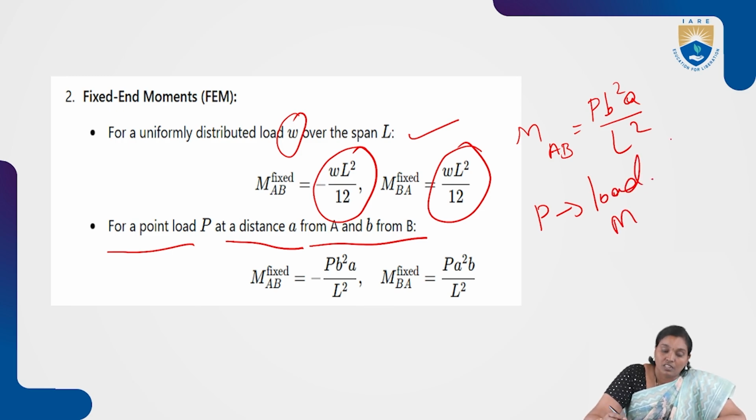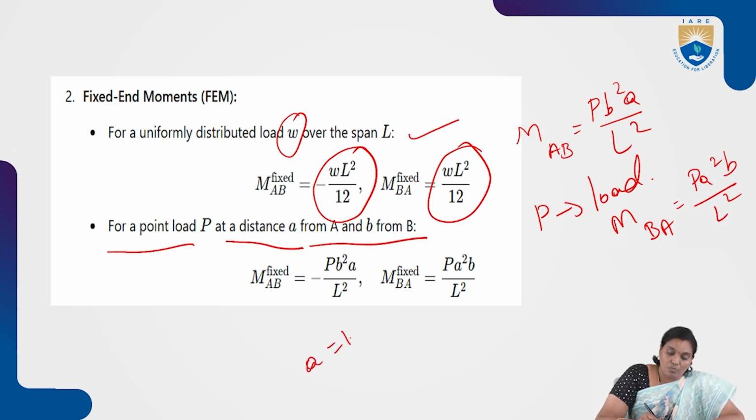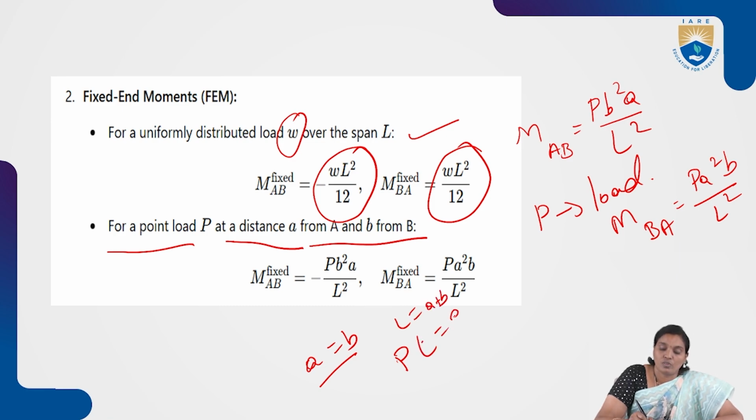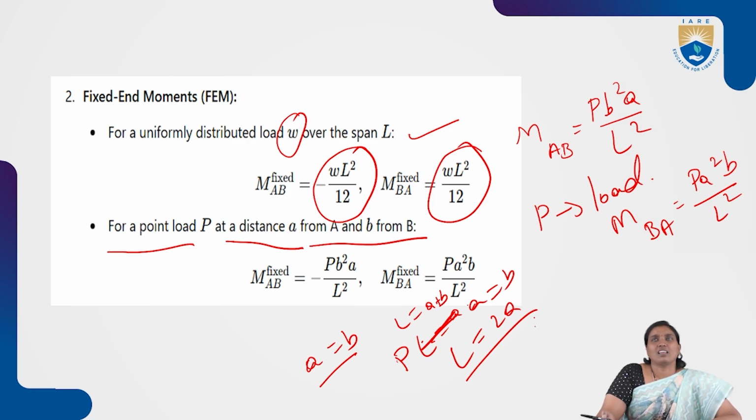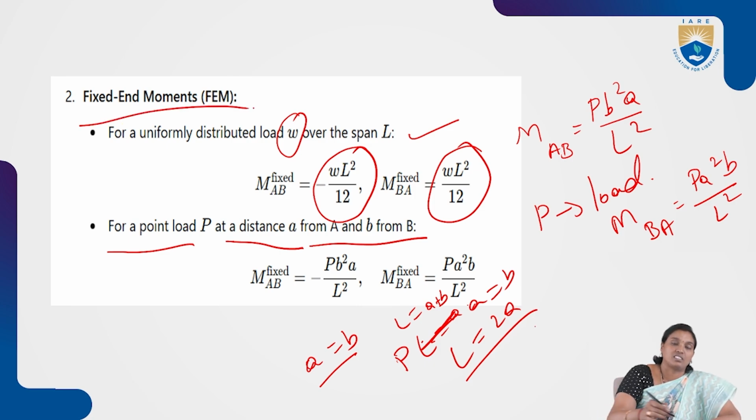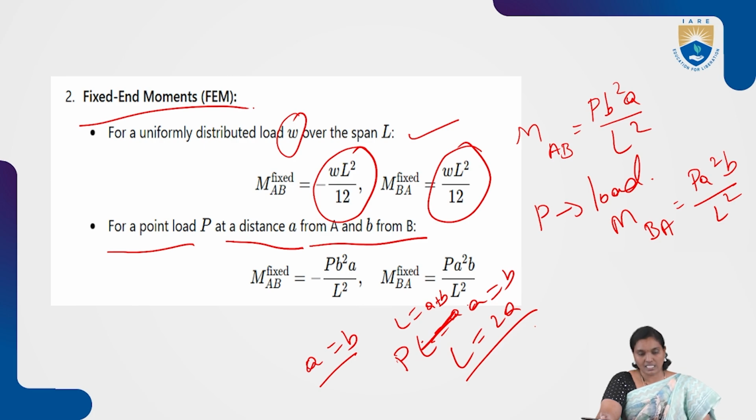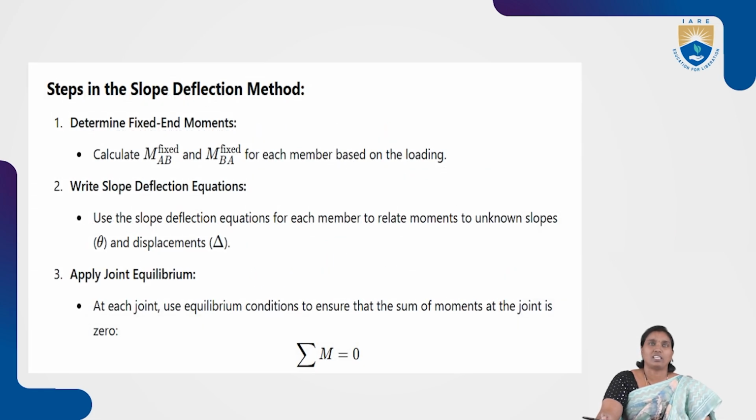And the fixed end moment from B to A is equal to P a squared b by L squared. Here L is equal to a plus b. If a is equal to b, then L is equal to 2a. Like that we may understand the various scenarios involved for the fixed end moment based on the loading conditions and also what kind of support there is.